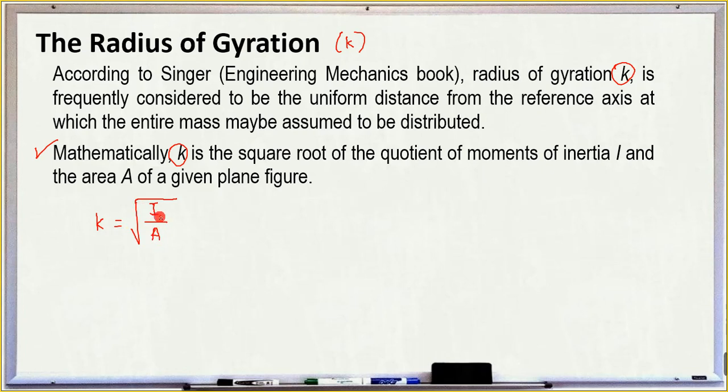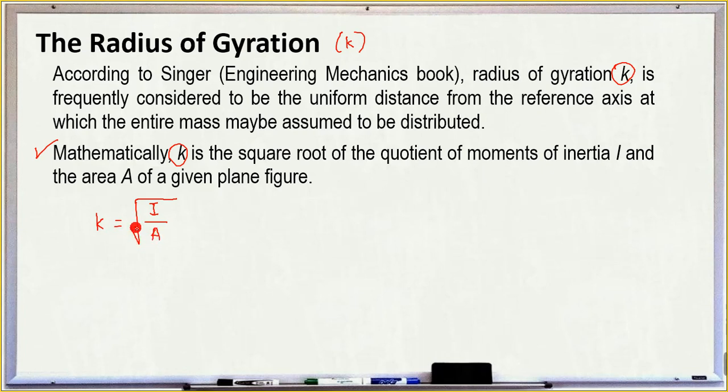Again, the radius of gyration, the same with the moment, depends upon the axis and the location, because the radius of gyration is a function of the moment of inertia. So what is the purpose of the radius of gyration?